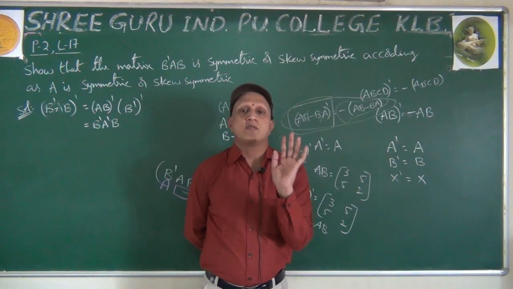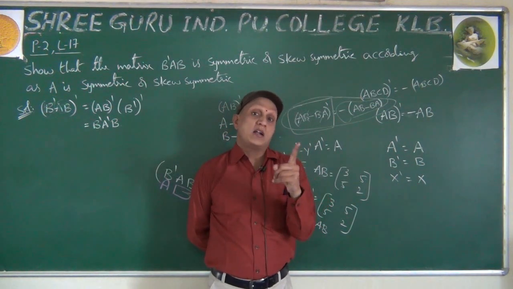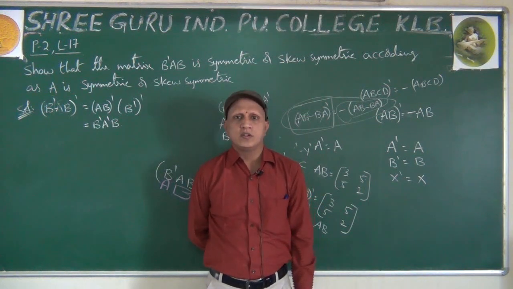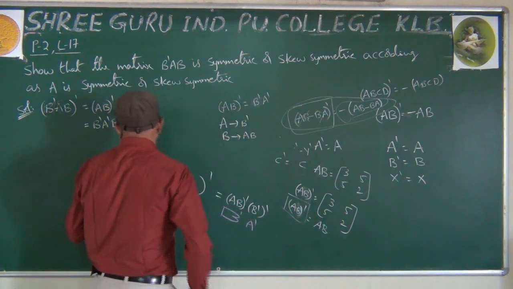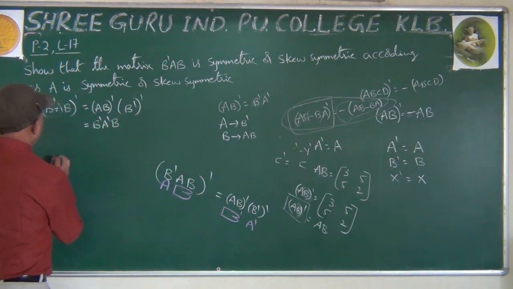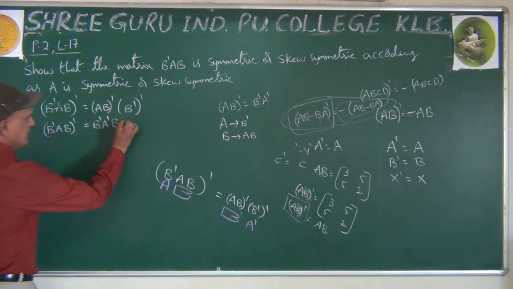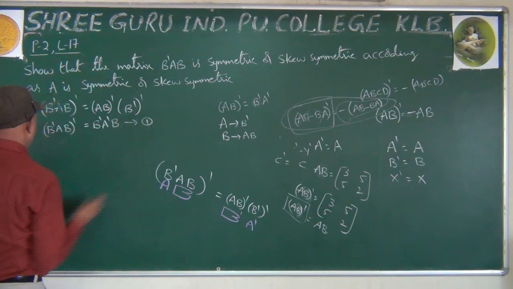What is the opposite of good? Bad. One time only. What is the opposite of bad? Good. Again the same thing will come. So B dash A dash B, now this is B dash AB whole dash. Better call it equation 1.